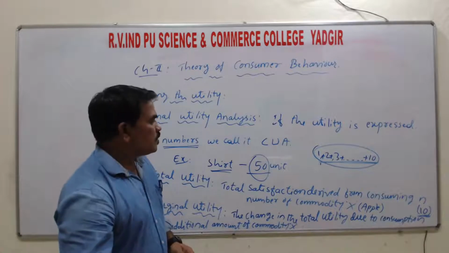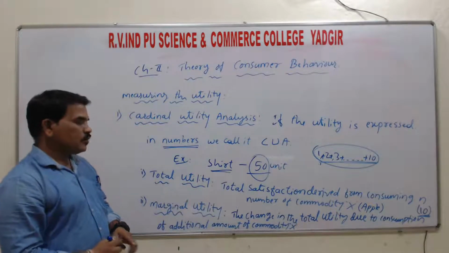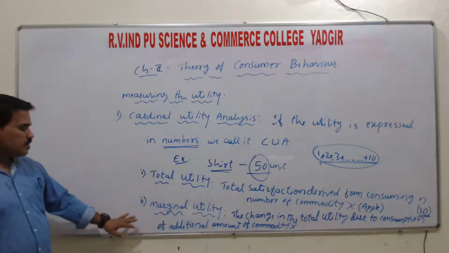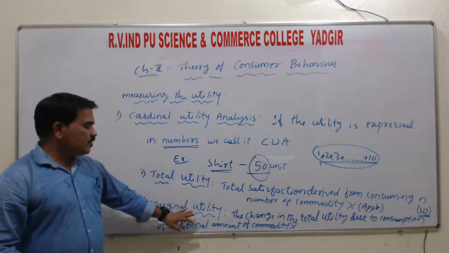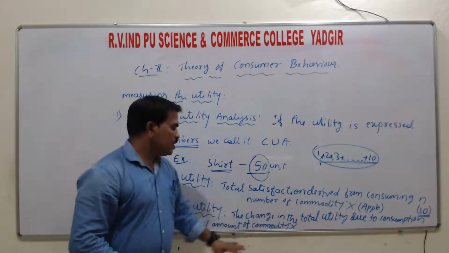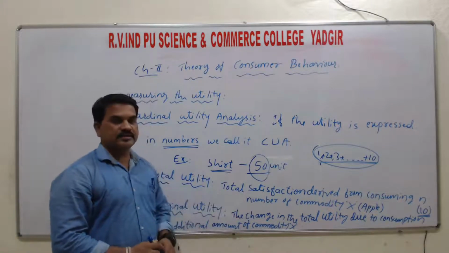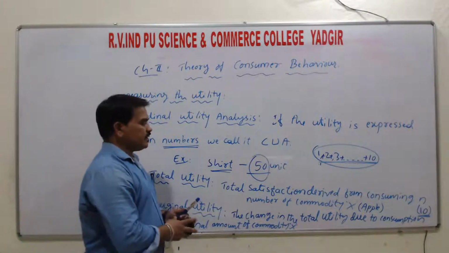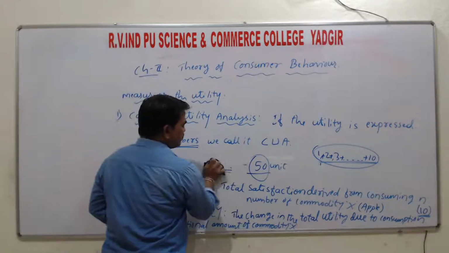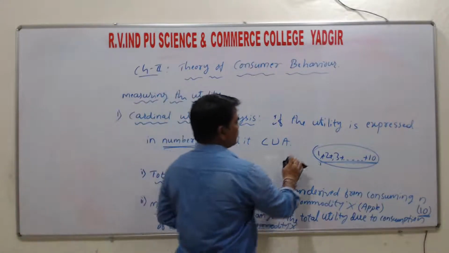So we can use the numbers to understand this concept. Hope you can see this. So I will read it again. Marginal utility means it is the change in the total utility due to consumption of an additional amount of commodity X. So what do you mean by that? So we'll use numbers to understand the total utility and the marginal utility.